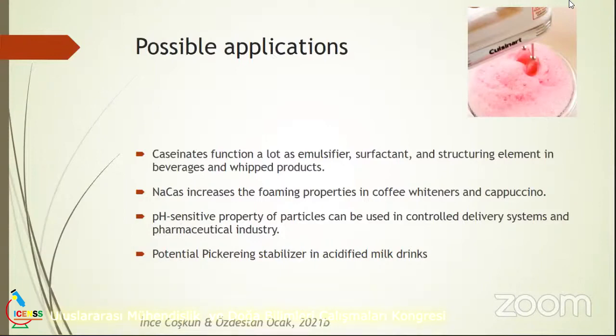The two-step emulsification method is also important because you can form pH-sensitive protein particles that can be used in controlled delivery systems, maybe in the pharmaceutical industry as well as the food industry. And as I just said, the sodium caseinate particles can be used in acidified milk drinks because they are stable around pH 4 and can be used as potential Pickering stabilizers.